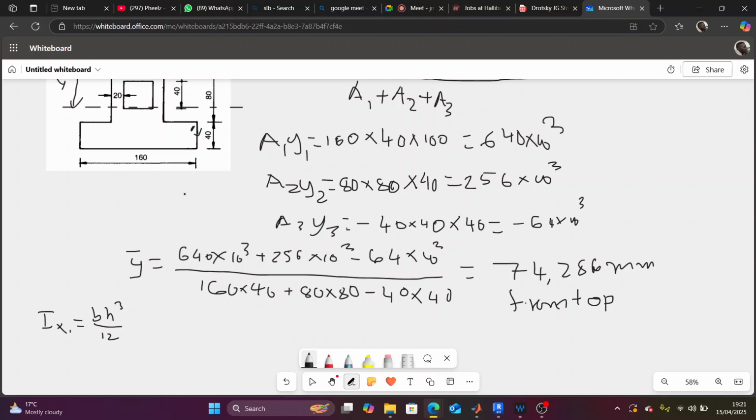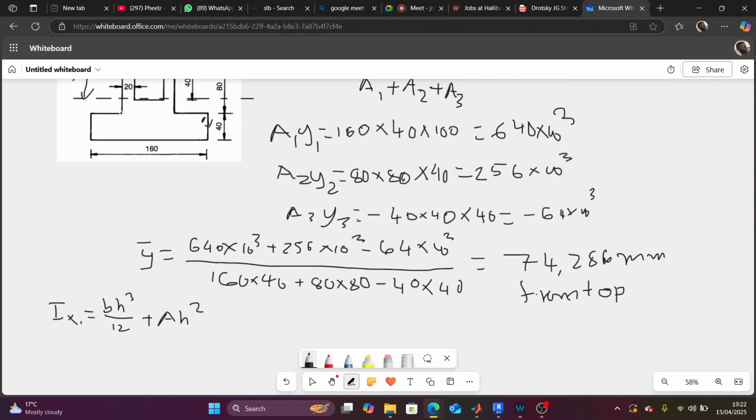Now if we have parallel axis, what do we say? We said plus A multiplied by what? H square.